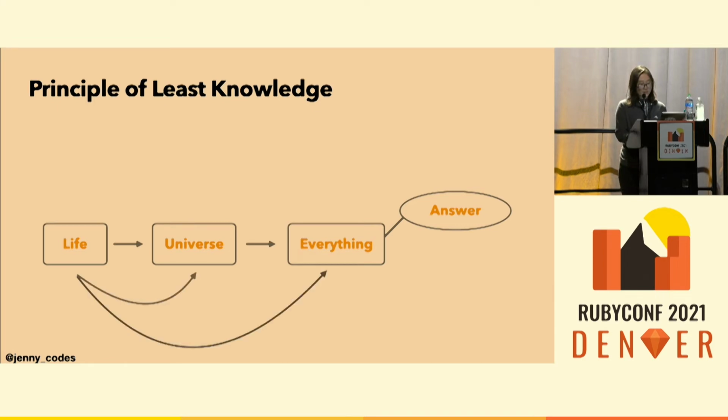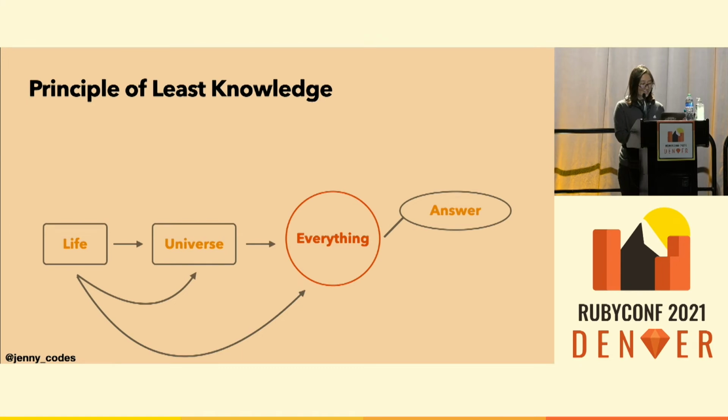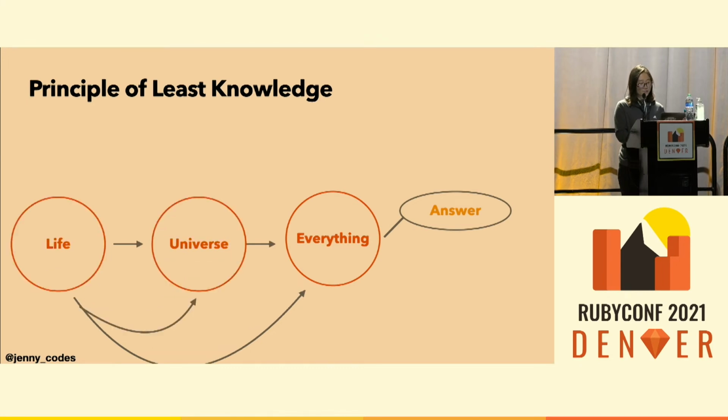But actually, life needs to know about universe and everything too, because it needs to know how to get information from these modules. They are structurally coupled. That is, if everything changes, life and universe need to change too. And that's very exhausting and also a lot of cognitive load for developers.